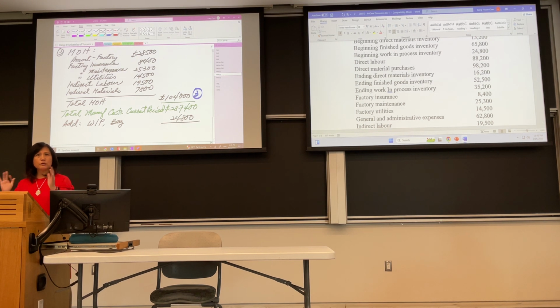So this is a total manufacturing cost to account for. To account for, we add them all together. Okay, so this one is 312,200.